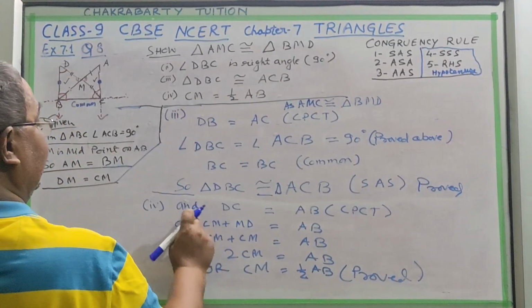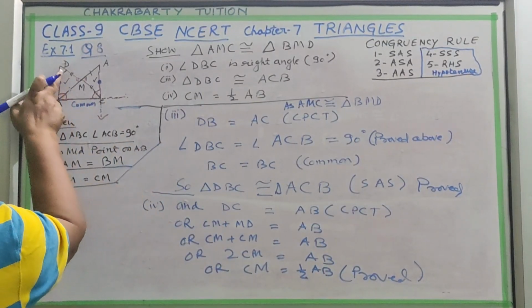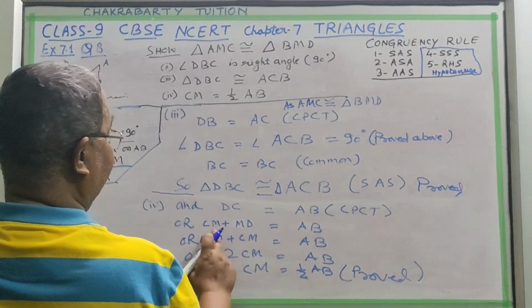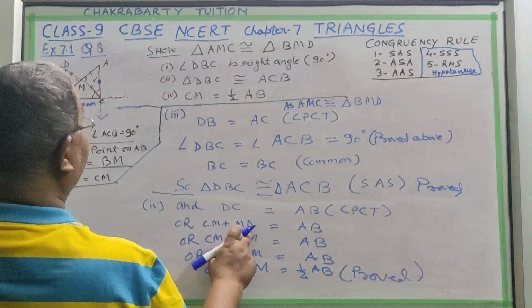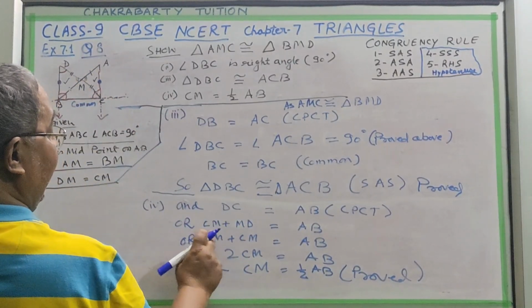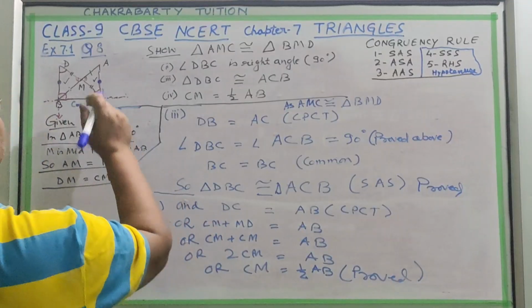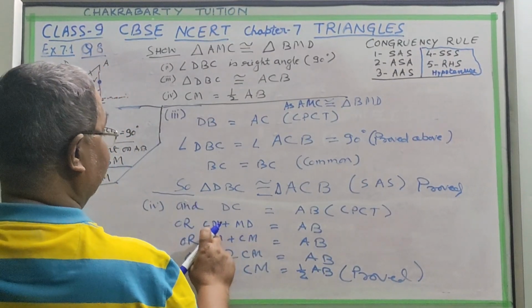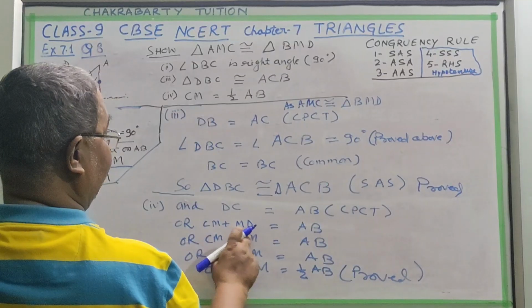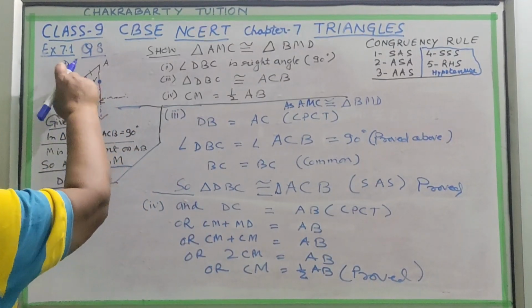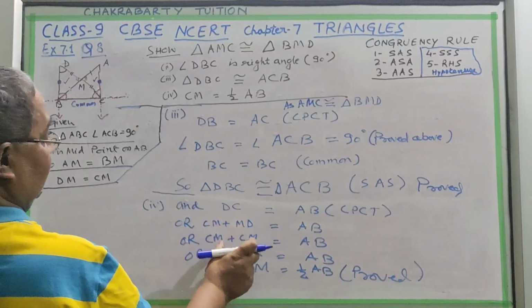But here you see this line DC is made of DM and MC. So CM plus MD is equal to DC. And this line is equal to this line, it is already given, so for MD we can write CM also. CM and DM are equal.